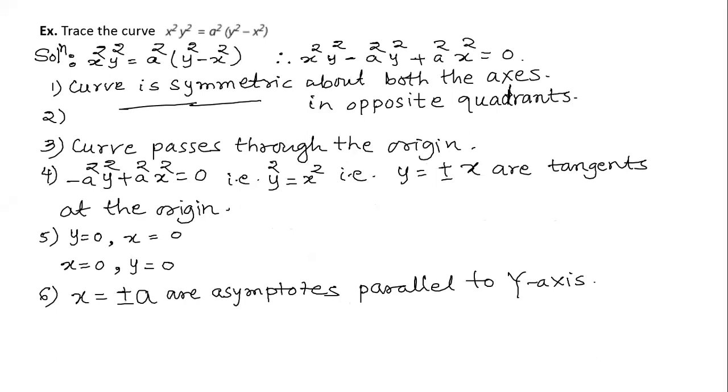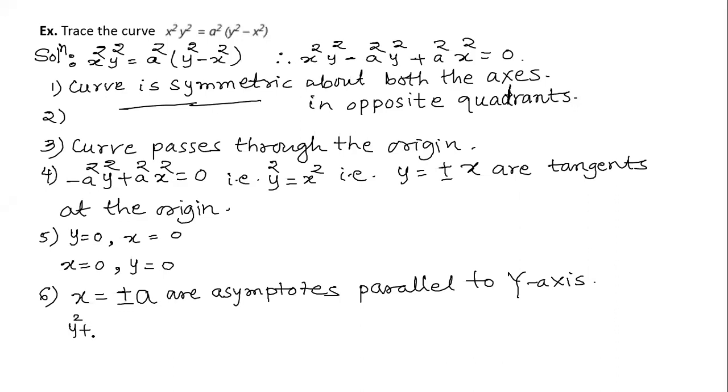For that, let us go back to the equation. To find asymptotes parallel to the x-axis, equate to 0 the coefficients of the highest degree terms in x. The degree of x in the first term is 2, in the second 0, and in the third term 2. So the highest degree terms in x are the first and third. Equate to 0 the coefficient of x square, which is y square plus a square.